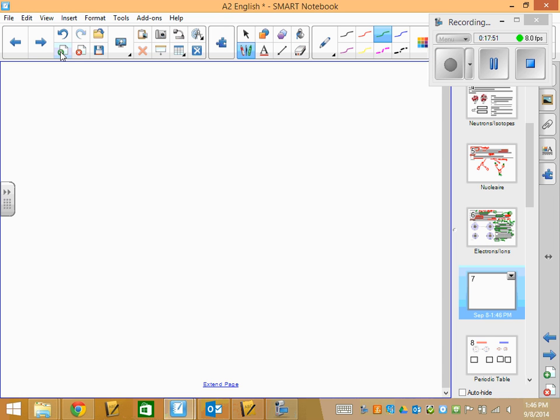So the picture that I had on the screen was representing sodium and chlorine and what happens to those two atoms when they have a chemical reaction. I will start with the sodium atom. We know from previous lessons that in the nucleus, I should be able to find a certain number of protons and a certain number of neutrons.